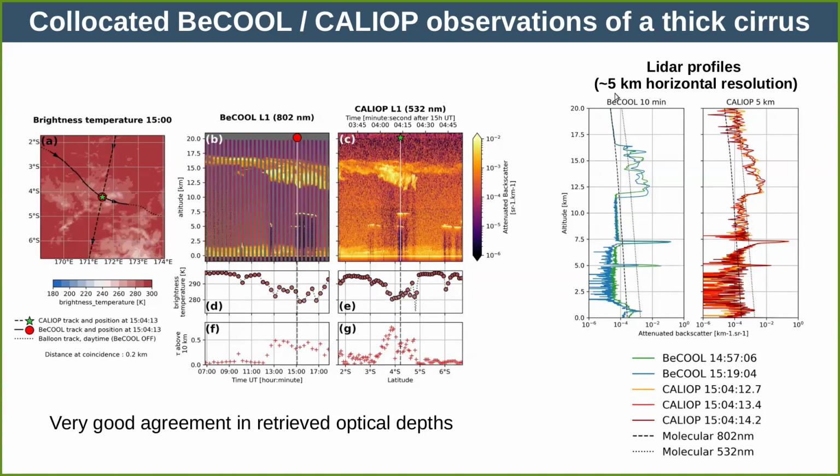Each profile is about 5 kilometers on the ground, and to achieve such horizontal resolution, BeCool observations can be integrated up to 10 minutes, while Calliope observations are integrated in less than 1 second. It's only 15 LiDAR shots. And so this very long integration time enables us to have a very good signal-to-noise ratio that can be seen here. We see a very noisy profile on Calliope and basically no noise here.